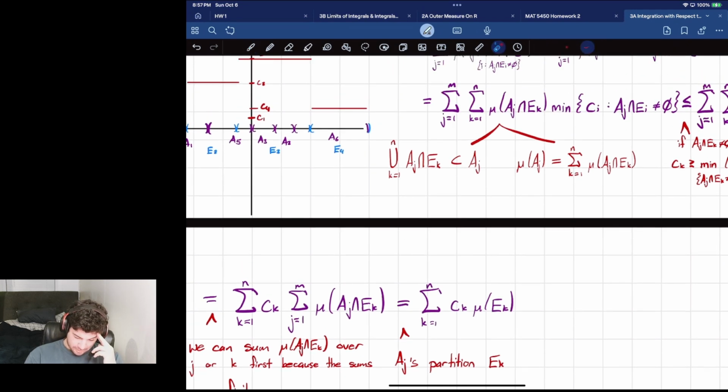Wait, let me think about this. This is true, right? Aj intersect Ek. Yeah, of course. No, this is contained in Aj. Is the union? Aj intersect Ek is contained in Aj.